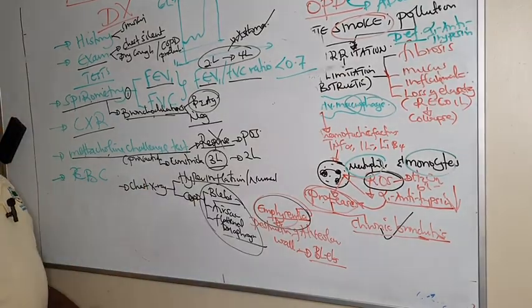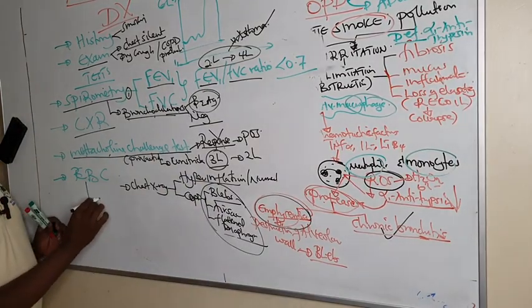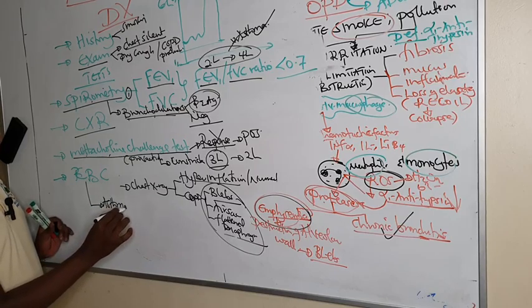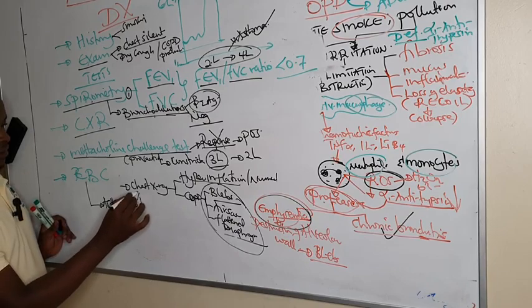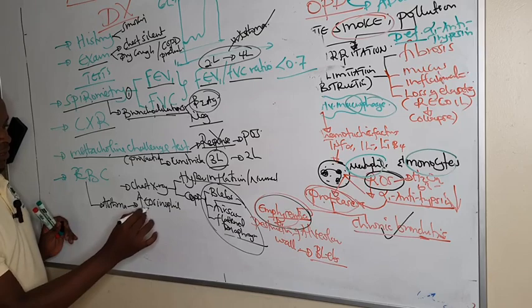Then with the CBC, in the presence of asthma, we can see increased eosinophils and sometimes increased lymphocytes.